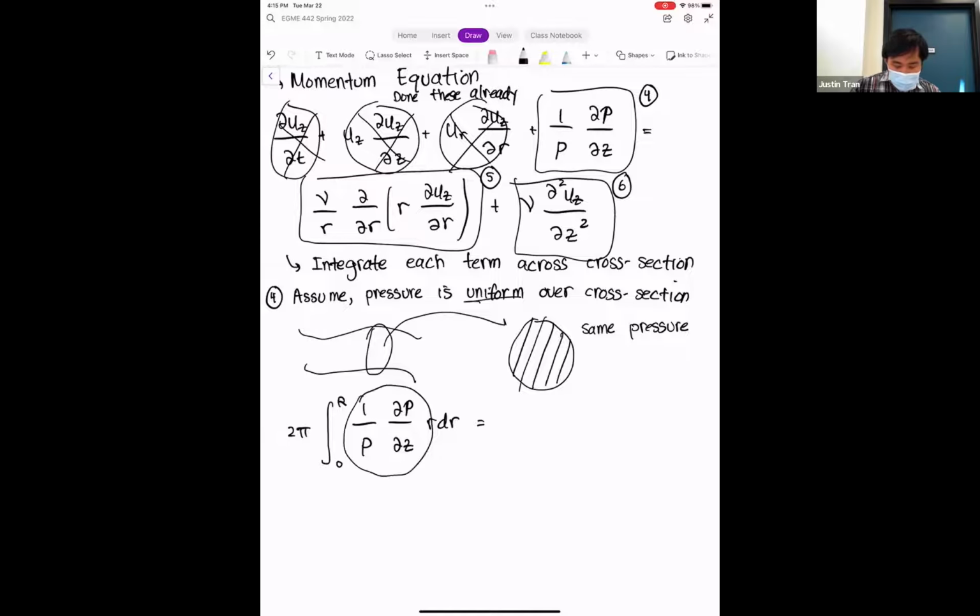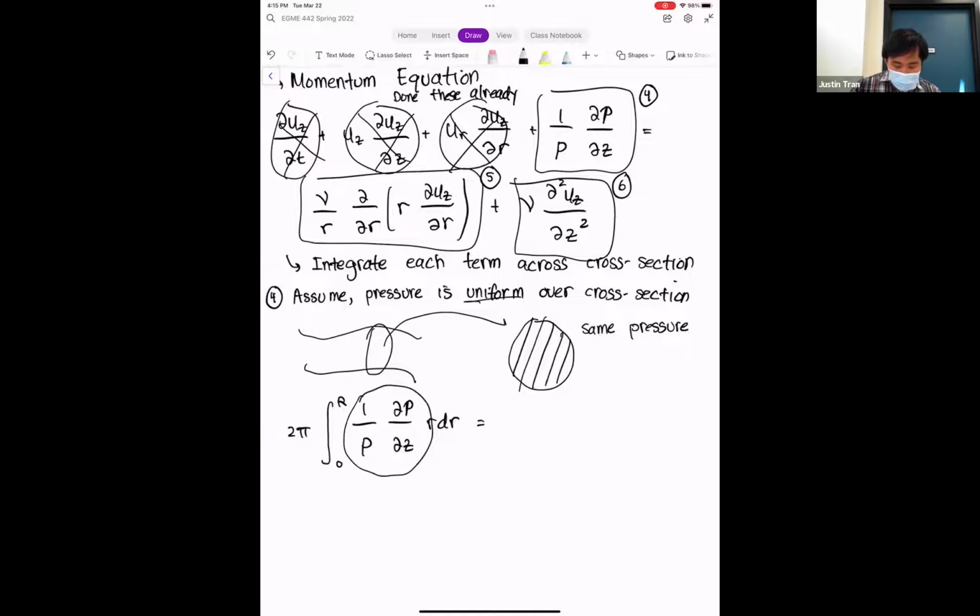Okay, and so this integral here is 2 pi integral from 0 to big R of nu divided by little r partial r of r partial uz partial r, r dr. So a little bit more of an involved integral here, but also not too bad.